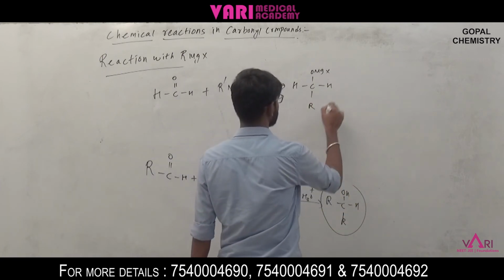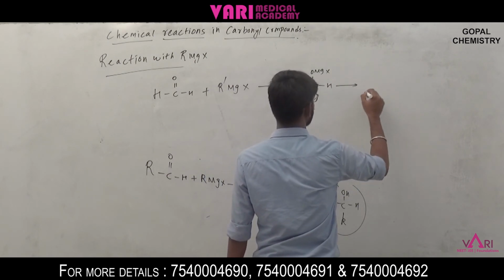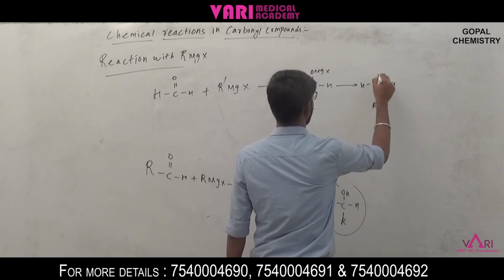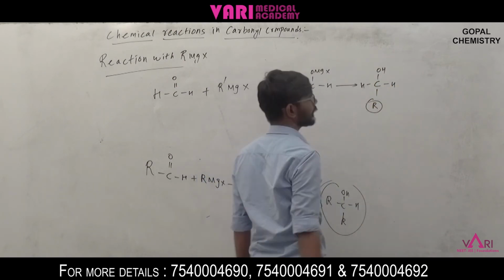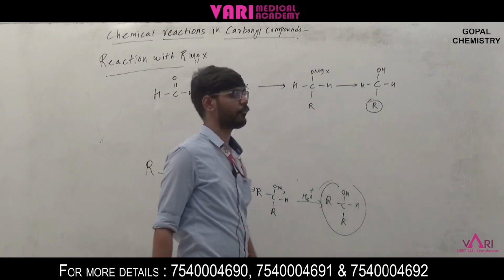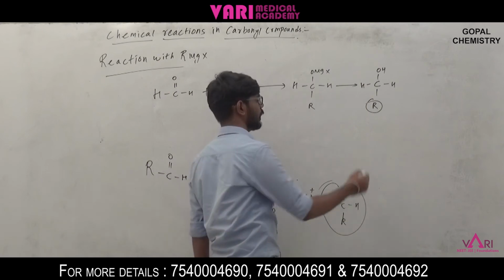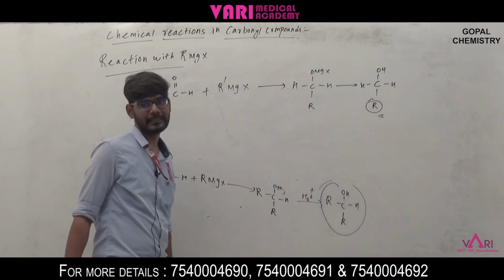Okay, so next followed by hydrolysis, which will result in CH2 R and OH. See, this alcohol consists of only one alkyl group, right? So it is primary alcohol. It is primary alcohol.